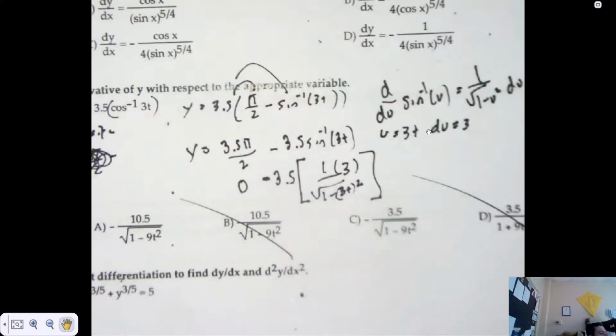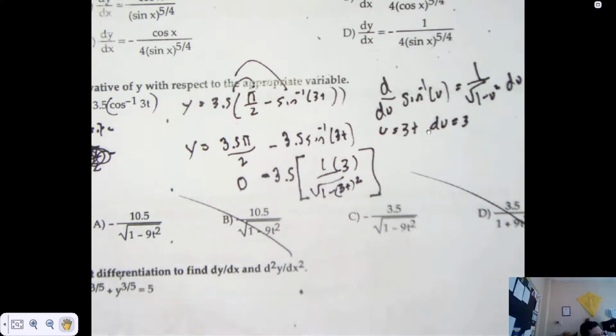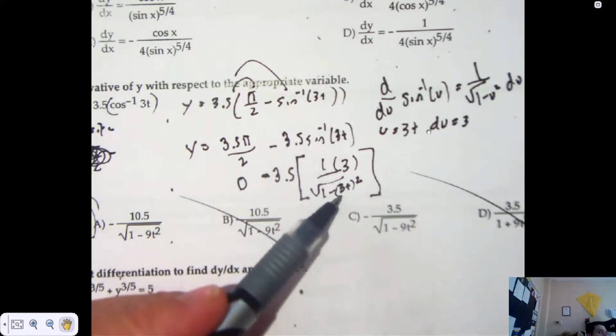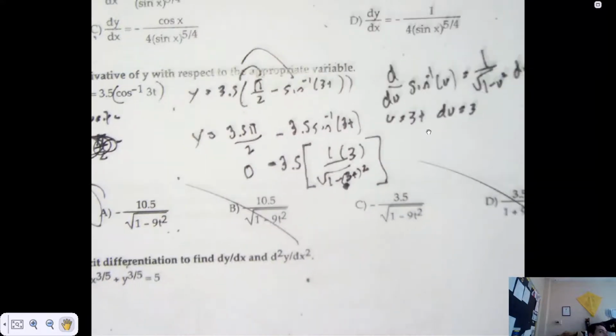You just need to know what 3 times 3.5 is. And if you take your 3t and square it, what do you get? 9t squared. So yeah, it's choice A.